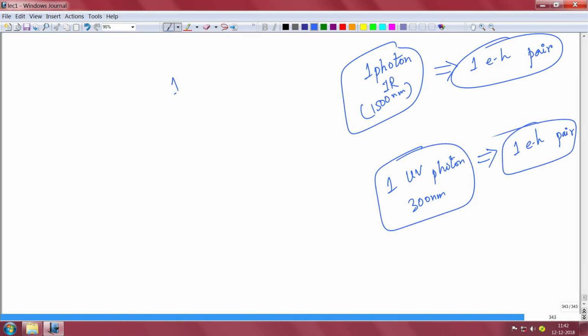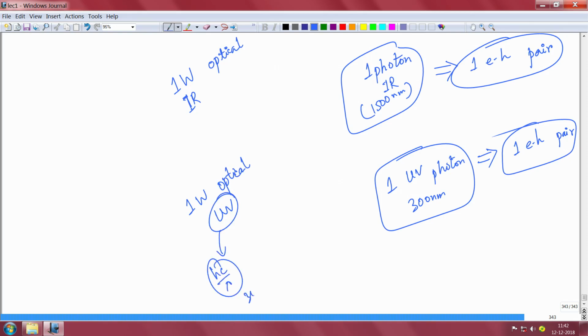Now, if I take 1 watt of optical power in IR, and then I take separately 1 watt of optical power in UV. Because the UV photons have more energy, hc by lambda, where lambda is 300 nanometer, this photon has more energy than an IR photon, hc by lambda, where lambda is 1500 nanometer, right.